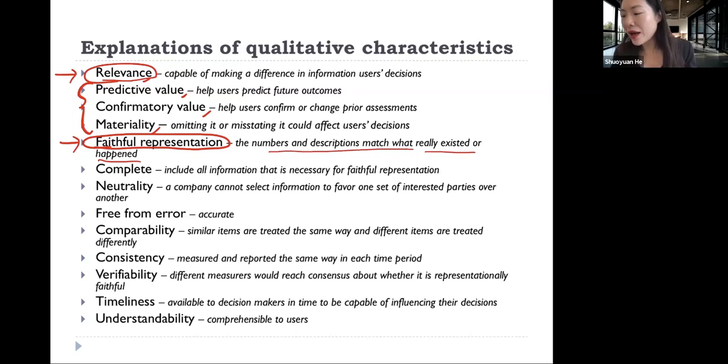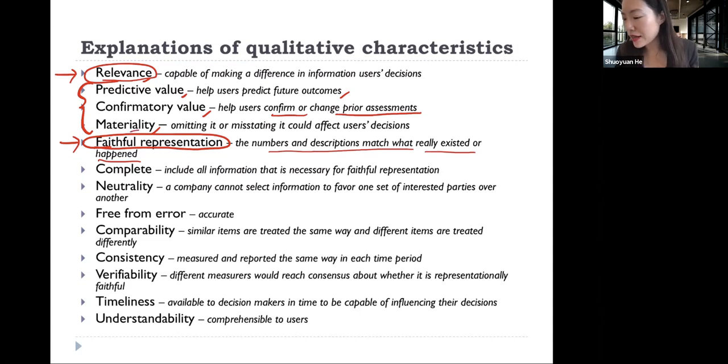Predictive value helps users predict future outcomes. So it should help the information user to predict the future. Confirmatory value helps users confirm or change prior assessments. So the user already has an assessment, for example, of the firm, and the new financial accounting information should help the user either confirm or change their prior assessment.